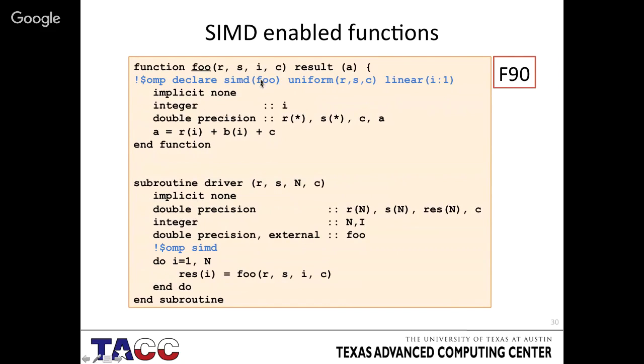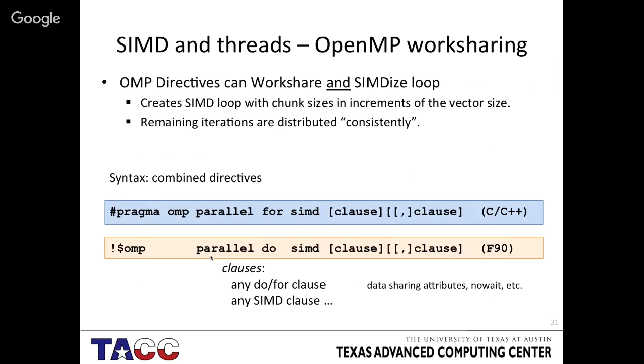I'm not sure, I think it's optional, since it's in the function, whether you put foo or not, and then specify how variables are used in there. And down here, like we do in C, we simply say it's a SIMD function that's being used, or the loop is SIMD.